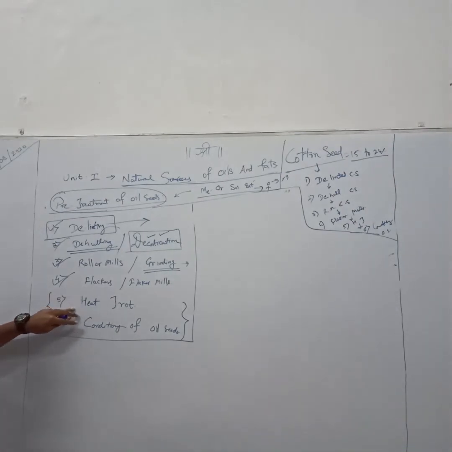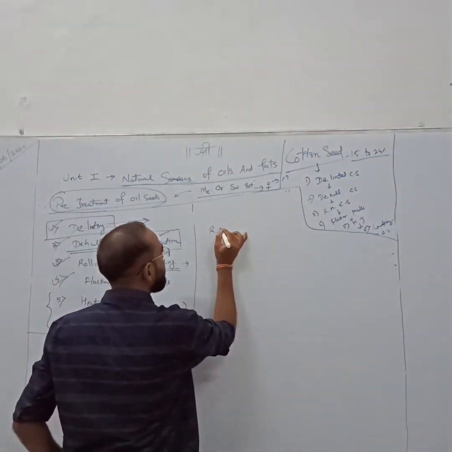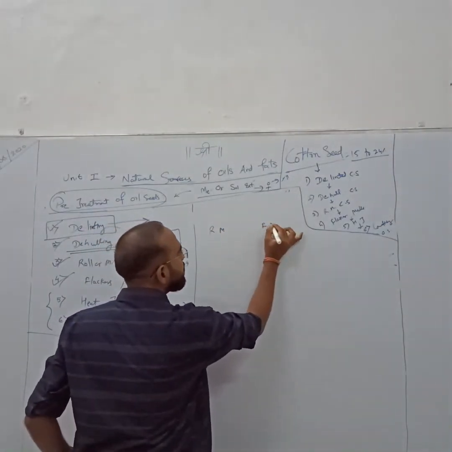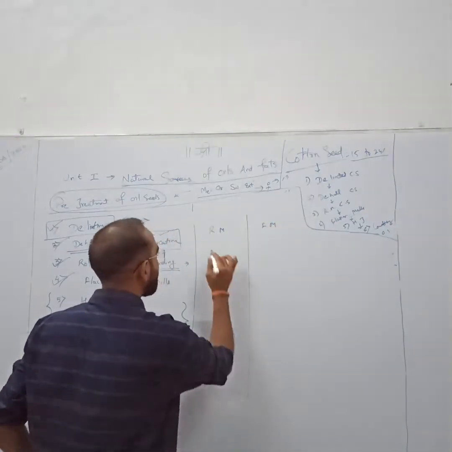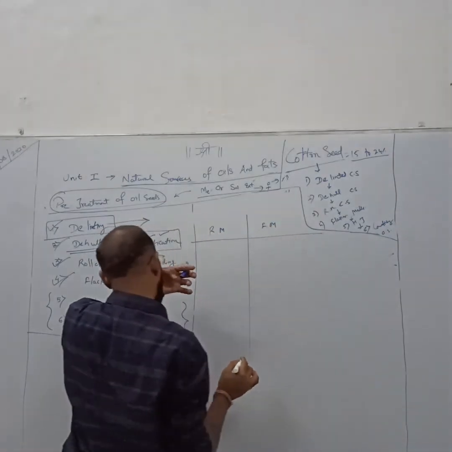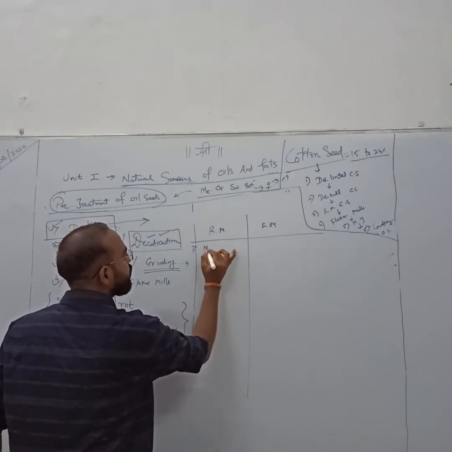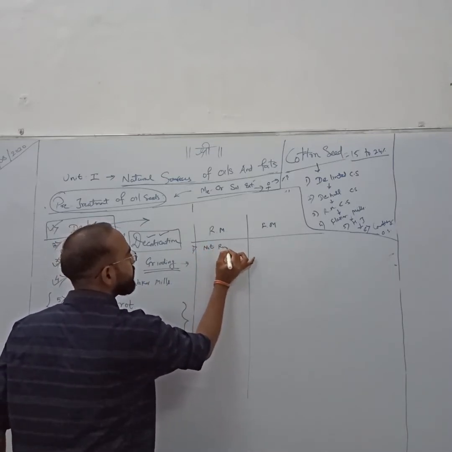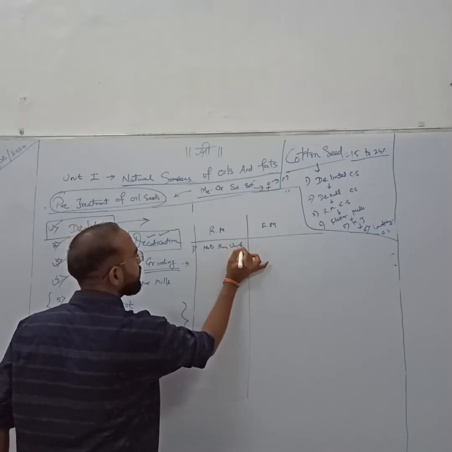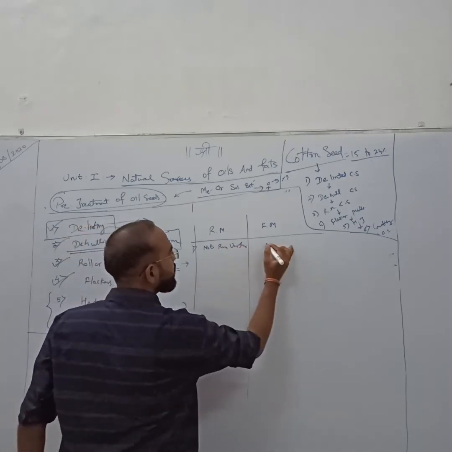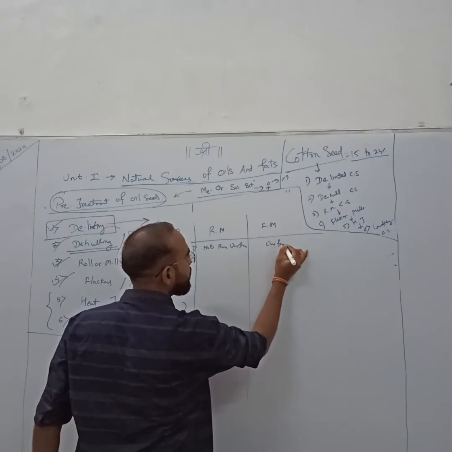Before starting the heat treatment, we just compare roller mills and flaker mills. In roller mills, they do not run uniformly. In flaker mills, it's a uniform run.